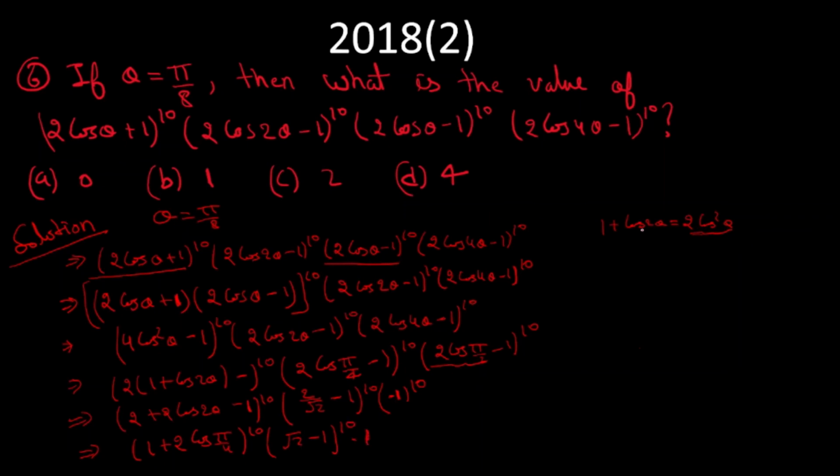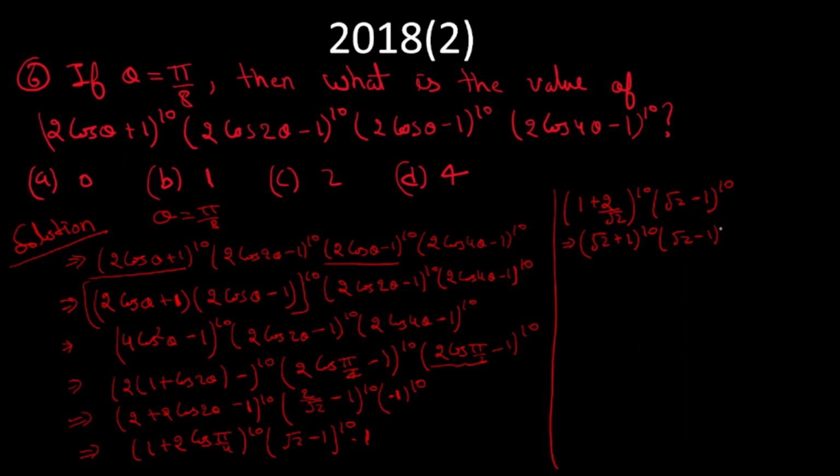So what we got: I put 2 cos pi by 4 value, 1 by root 2, power 10, and here (root 2 minus 1) power 10. This becomes (root 2 plus 1) power 10 and (root 2 minus 1) power 10.